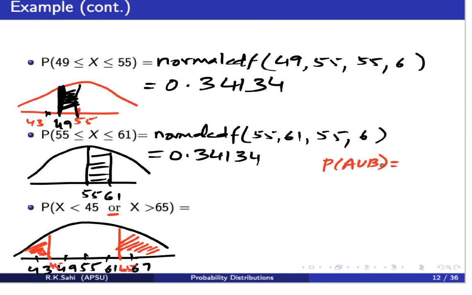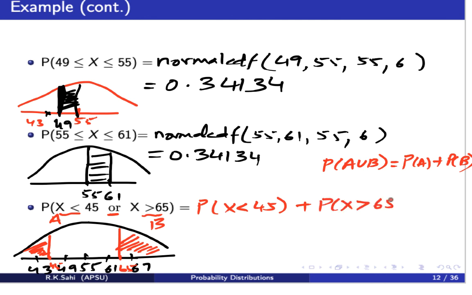So clearly the probability of A union B is what? Probability of A plus probability of B. Remember, this is my A, guys, and this is my B. So what does that mean according to the addition rule? This is probability x less than 45 plus probability x strictly greater than 65.